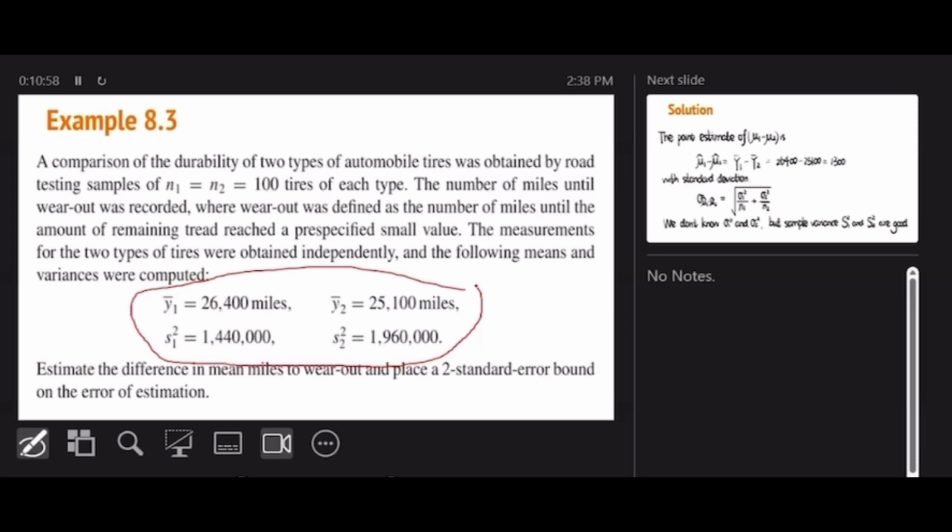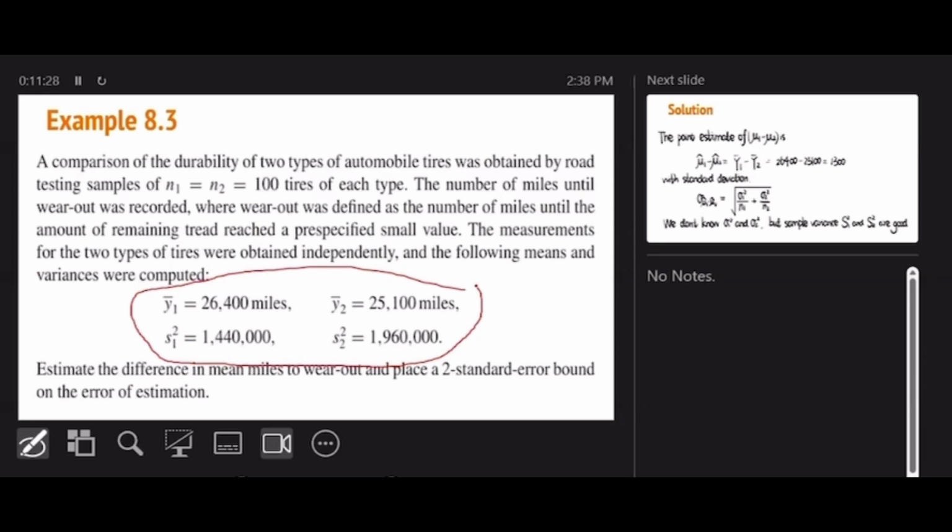The measurements for the two tires were obtained independently, and the following means and variances were computed. Now, when you take a look at what we have here, the Y bar 1 and Y bar 2 are the sample means, and the variances were obtained using the 100 tires for each category.